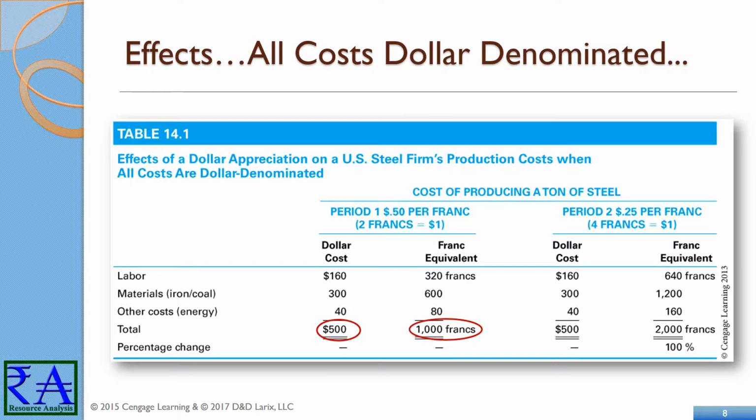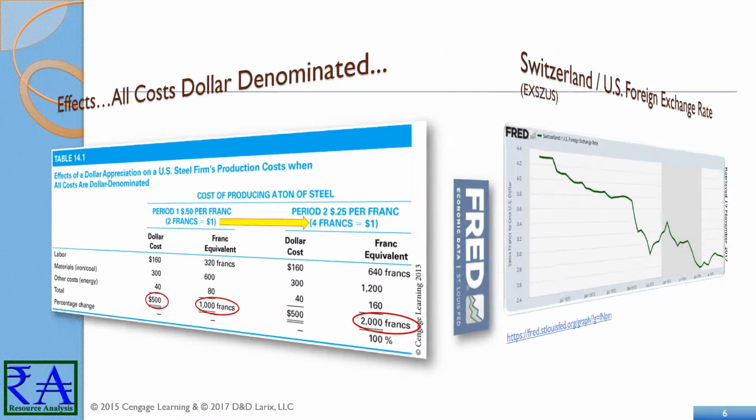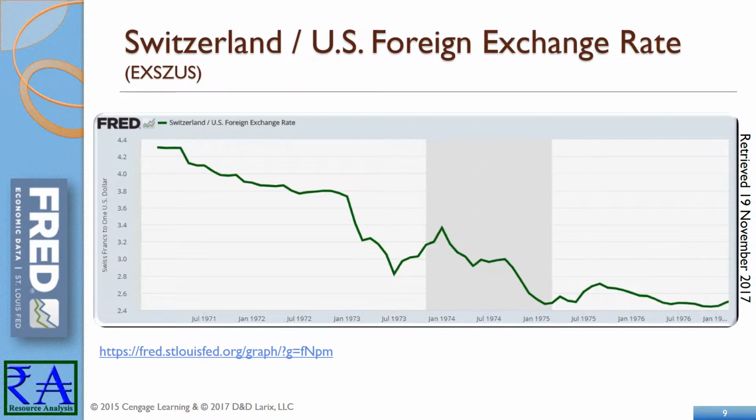Moving ahead in time, cross-currency exchange rates changed to the level of an appreciating US dollar, moving from 2 francs per dollar to 4 francs per dollar. Although none of the US firm's costs increased, their conversion into Swiss francs doubled the cost of US steel in Switzerland to 2,000 francs per ton. On a price competition level, the US steel is less preferable.